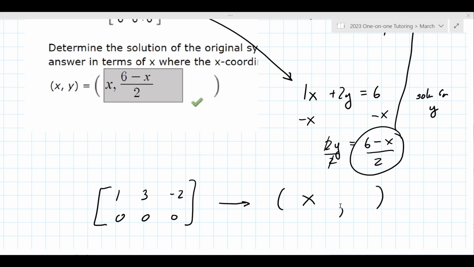Just give me your answer when you're done. You don't have to show me anything, I just want to make sure you can do it for the exam. Yeah, I got x comma -2 minus x over 3. Yes. Very good.